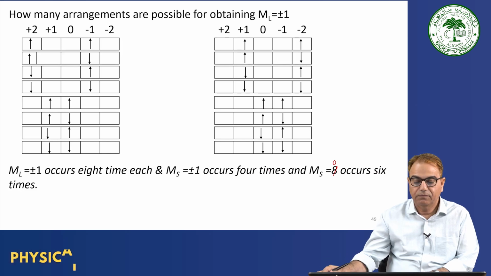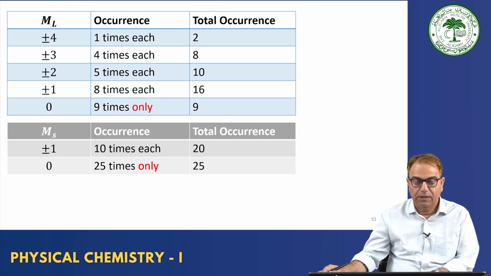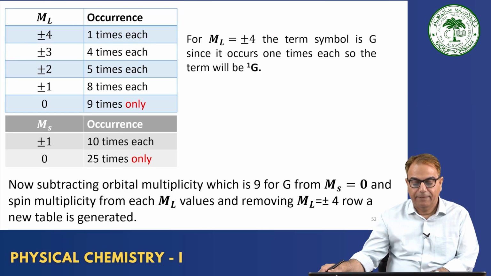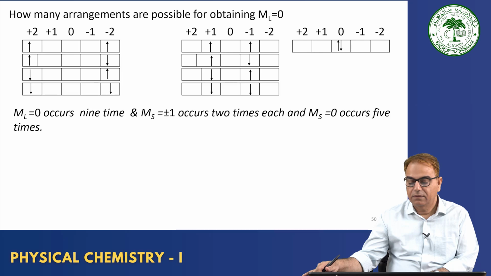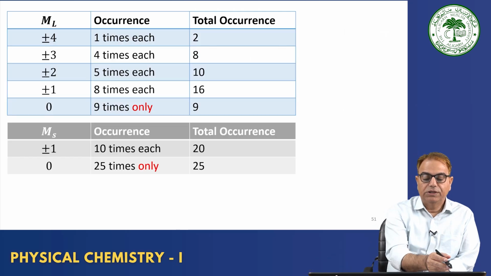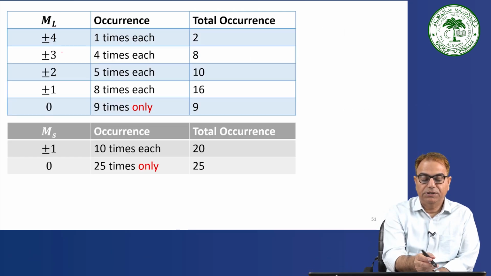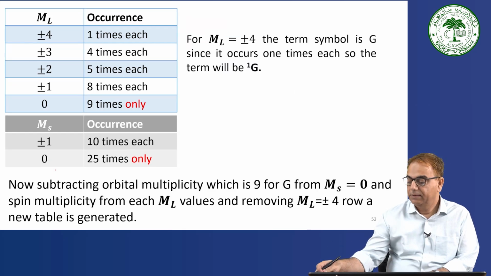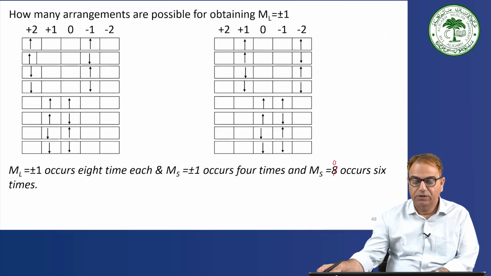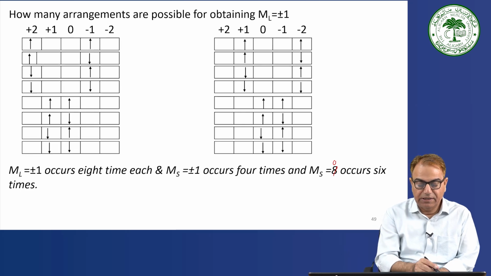Let me check. ms is equal to 8 times each. So you see ±4 1 time each, and ms equal to 0. Its total is counted here. I've counted the total figure, but it accounts for 8 times each, meaning 16 configurations.